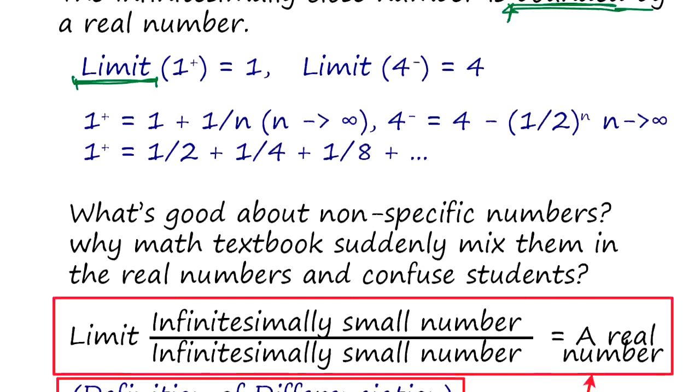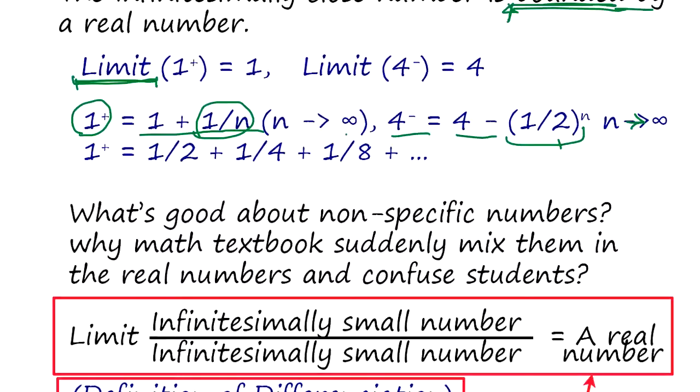Okay, so an example of 1 plus can be 1 plus 1 over n, as n goes to infinity. 4 minus can be 4 minus 1 over 2 to the nth power, as n goes to infinity. This is infinitesimally small. This is also infinitesimally small.